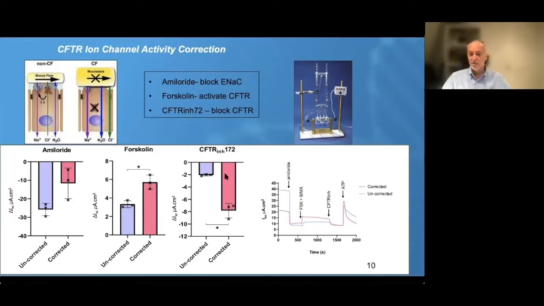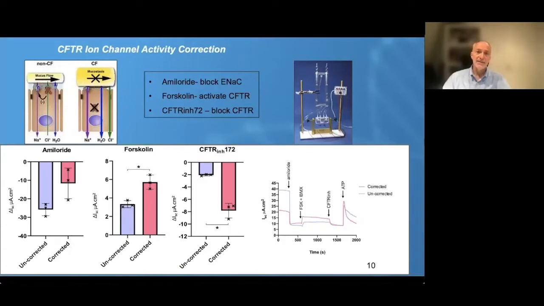And then to demonstrate that this is specific for CFTR, we add an inhibitor which has much greater specificity, and you see a significant reduction in the short circuit current by this inhibitor in the corrected cells.